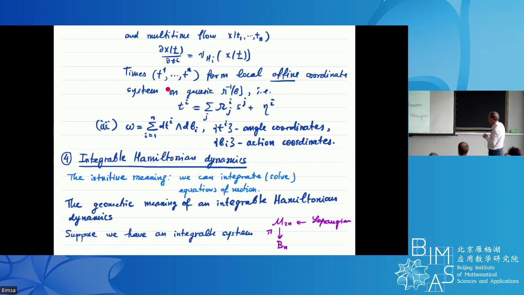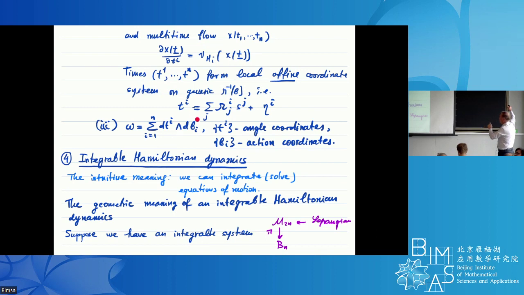So if you choose Hamiltonians in a different way, H_1, ..., H_n, you will have different times S_1, ..., S_n, and the coordinate transformations on the fibers are affine. So it's a linear transformation omega plus a shift eta. That's the second part of the theorem.